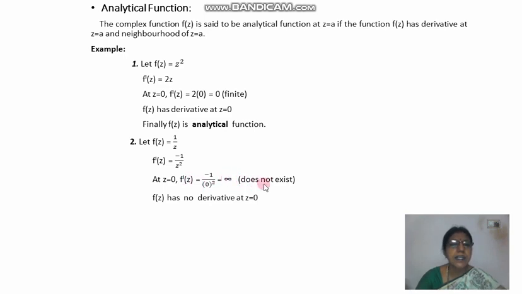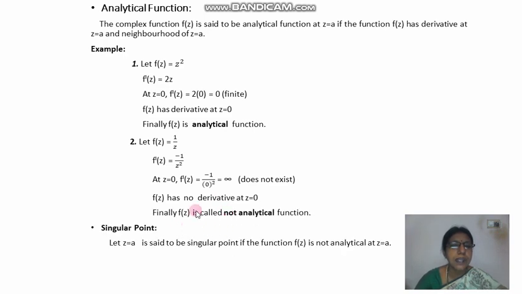Infinity means not finite, we can't define this value, so it does not exist. So the derivative does not exist, and f of z has no derivative at z is equal to 0. So what is the conclusion? Finally f of z is called a not analytic function.